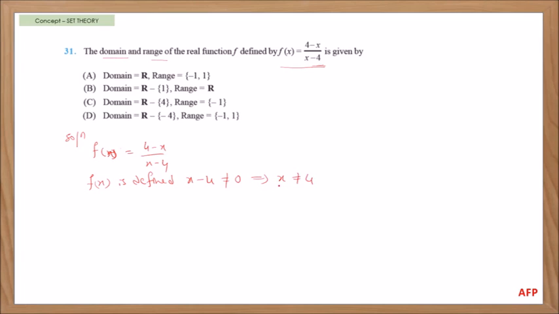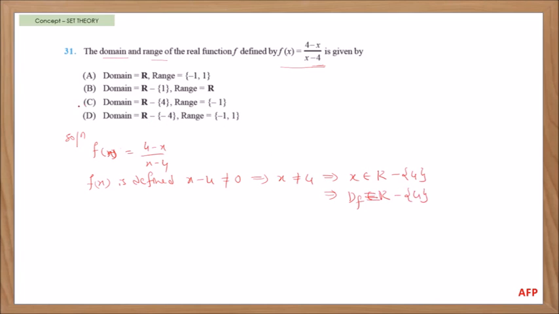So if x is not equal to 4, then the function is defined, meaning all real numbers except 4. This implies the domain of x belongs to R minus {4}.